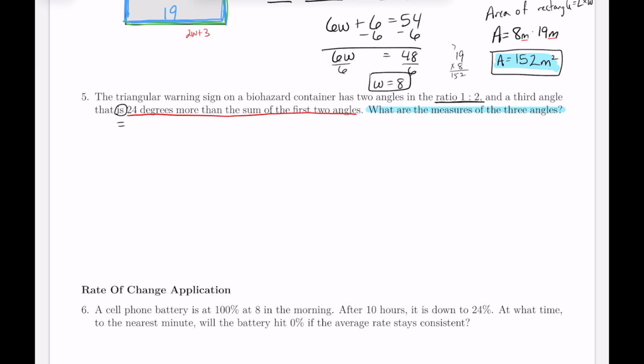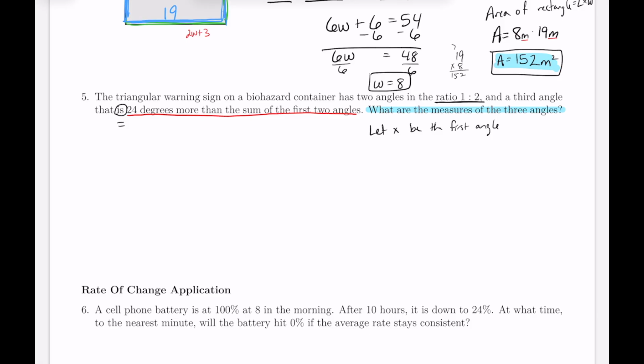Okay. All right, let's go ahead and start to get a look at this. There's a lot going on here. So our first two angles, let's say, let x be the first angle.